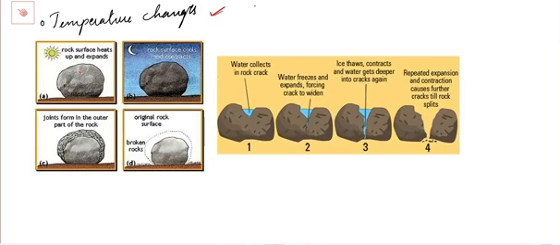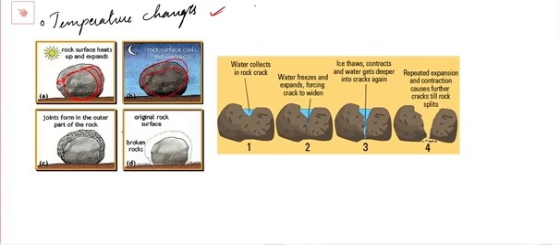If this is our initial rock, it got expanded to this size due to the heat generated from the sun. During night time, contraction takes place again and it comes back to its original position.